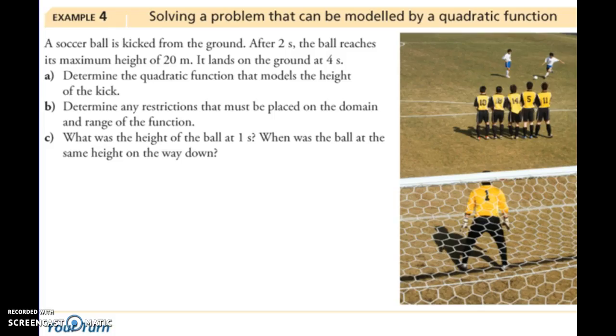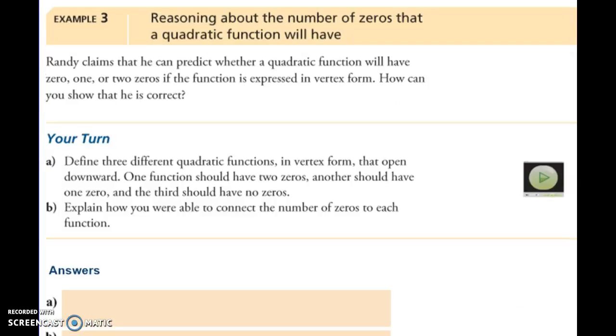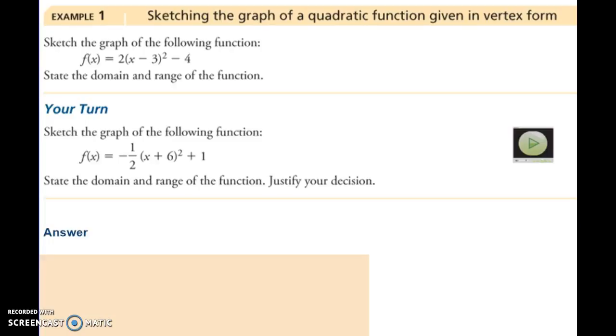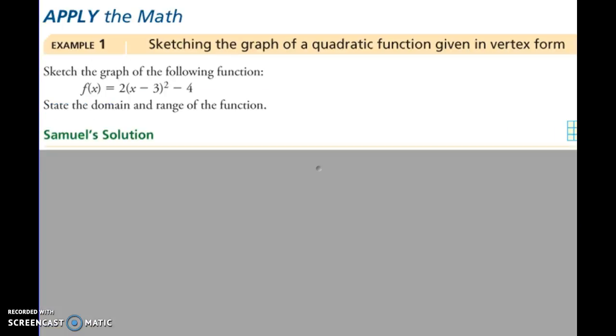Okay, so we'll move to example 1. Example 1 says, sketch the graph of the following function. State the domain and range. So we notice this is written in vertex form. So the important thing to do first is to find all the points that we can and graph what we know. So I always start with the vertex.